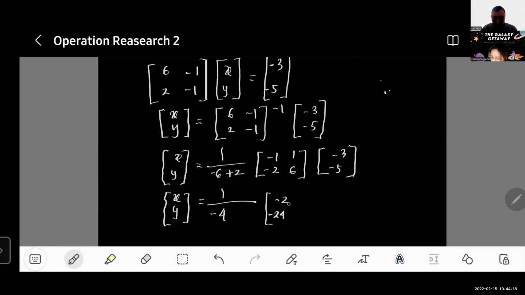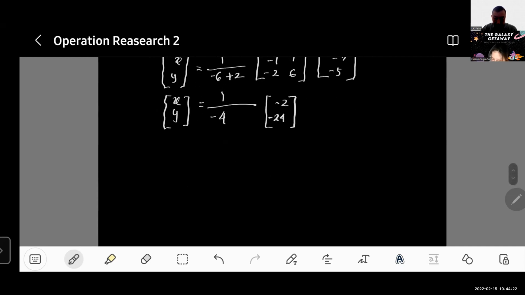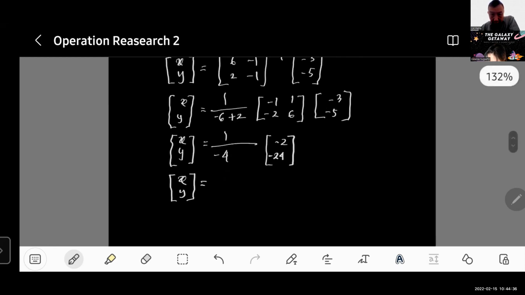Wait. Minus 1 minus 1 multiplied by minus 3 is positive 3, right?